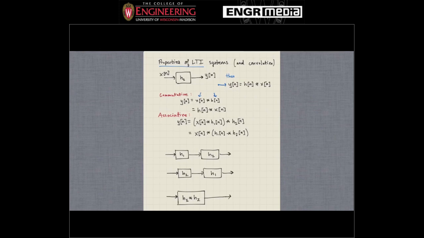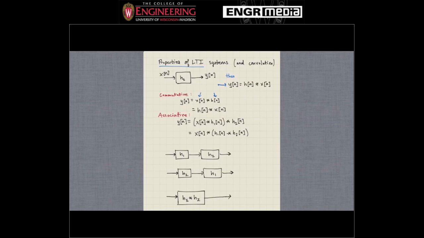The second property is the associative property, and that's just saying that, say we have three signals, if we convolve x of n with h1, and then take that new signal and convolve it with h2, that's the same as if we convolved h1 and h2 first and convolved that with the signal x of n.